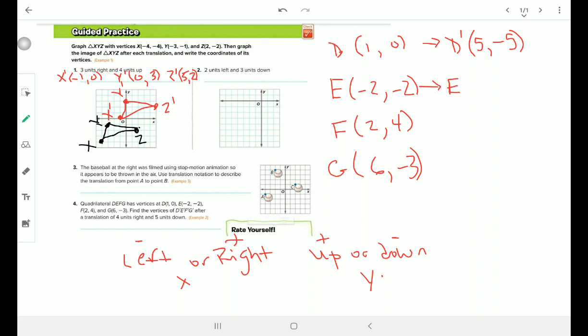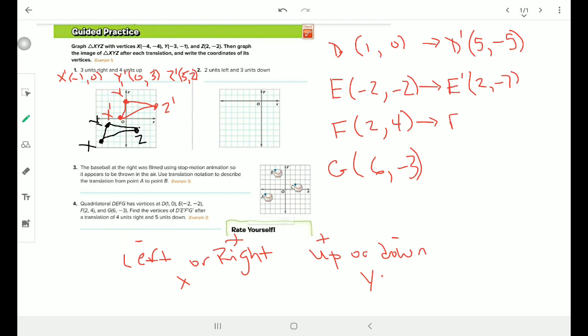And now we're going to do the same thing with E, F, and G. So we're going to add 4 to the x, so negative 2 plus 4, that is 2. And now I'm going to do the same thing with the y, but now I'm going to subtract 5. So negative 2 minus 5, that is negative 7.